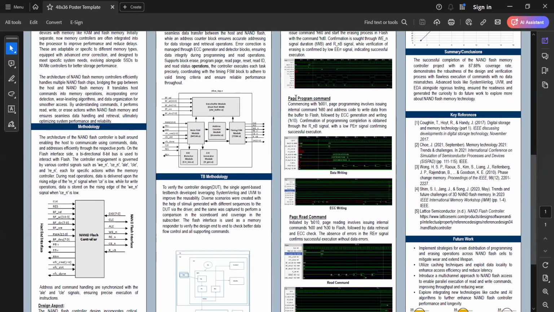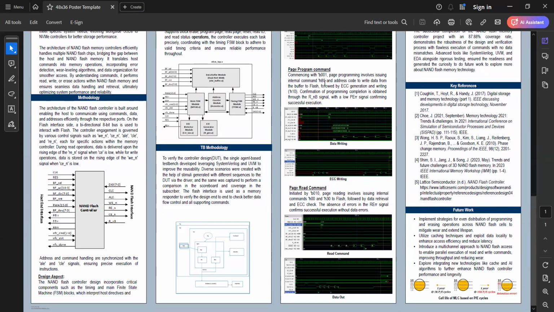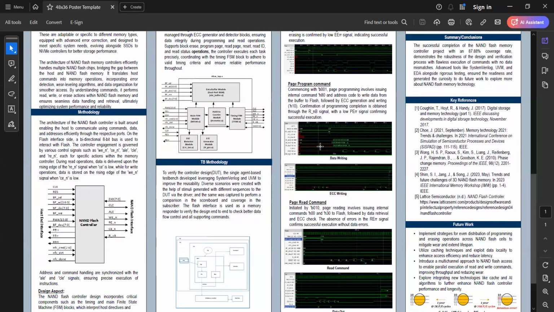If you take one of the commands, like program, we have to initiate the command first, then our design internally divides it into sub-commands, followed by the addresses and data, and then we perform the ECC writing to make sure about the error part. ECC is nothing but the 7/4 Hamming code. After this, finally we get the NFC done signal high, which indicates that our command has completed successfully.